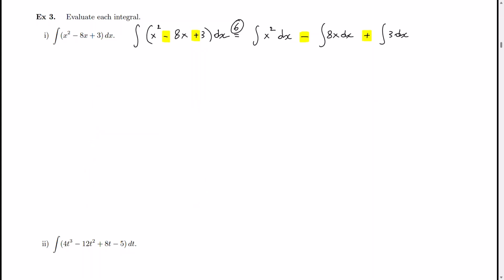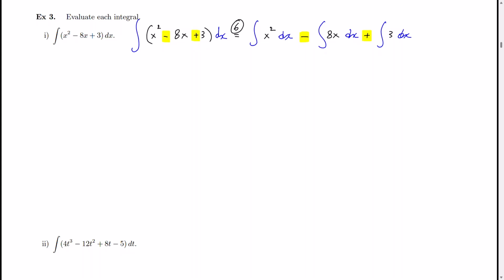This is the same with antiderivatives. So this antiderivative symbol and the dx show up at the same time and they leave at the same time. So I want 1 for the x squared, I want another one for the 8x, and I want another one for the 3 at the end. So this is rule number 6, which allows me to break the problem apart into multiple pieces.